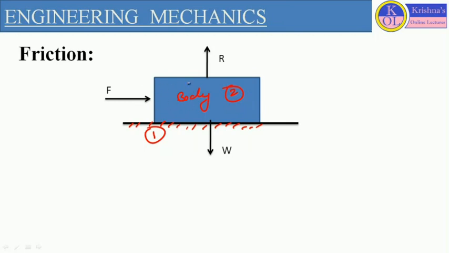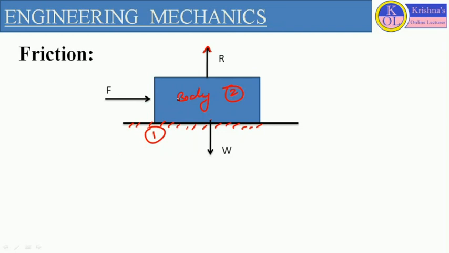Now when there is no force applicable on body 2, we will consider two forces. One is the weight that is acting vertically downward, and another is the reaction which is opposite to the weight, acting vertically upward. So this is the basic free body diagram for this condition.